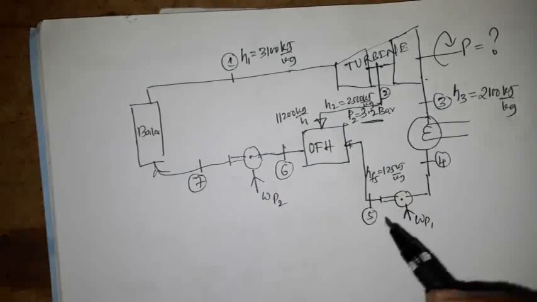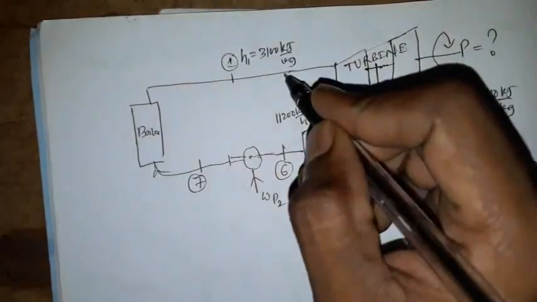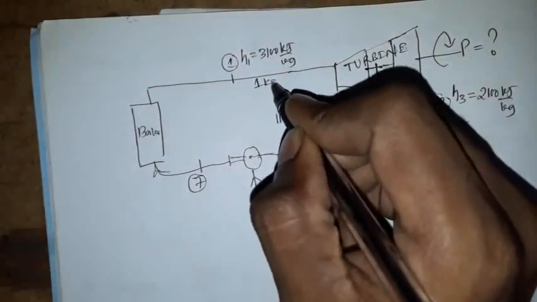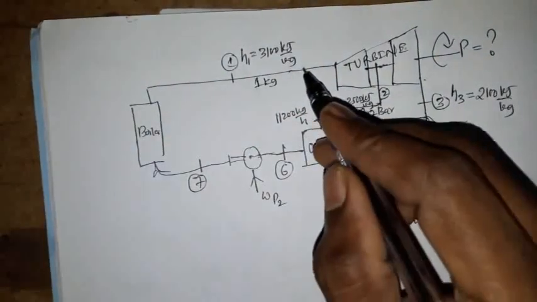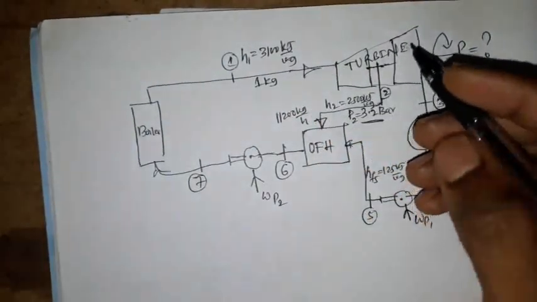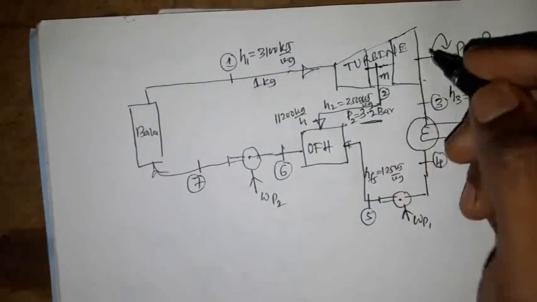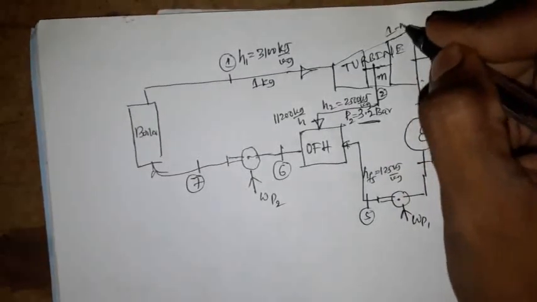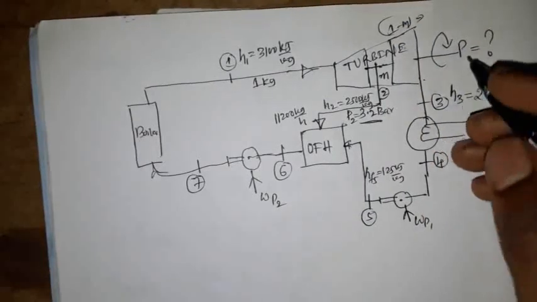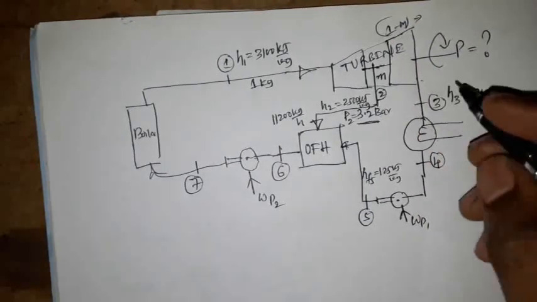So here we assume 1 kg of steam is flowing into the steam turbine, and we are bleeding m kg out of this, and 1 minus m kg flows into the remaining stages of the turbine.